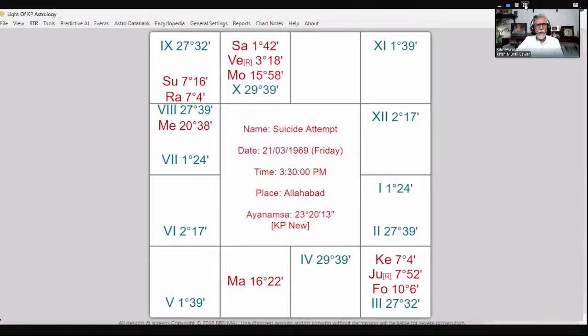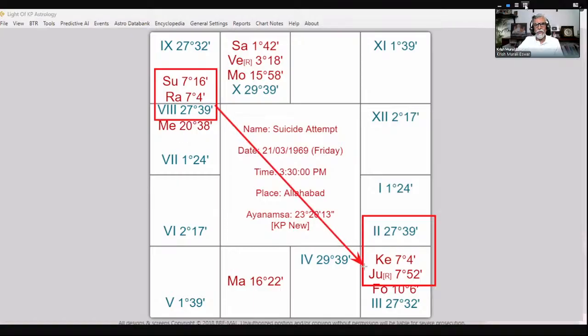Now, Ketu is in the 2nd house, conjoined with Jupiter, and also aspected by Sun and Rahu from the 8th house. Okay, so you will see that 8 equals 8 is very predominantly seen.